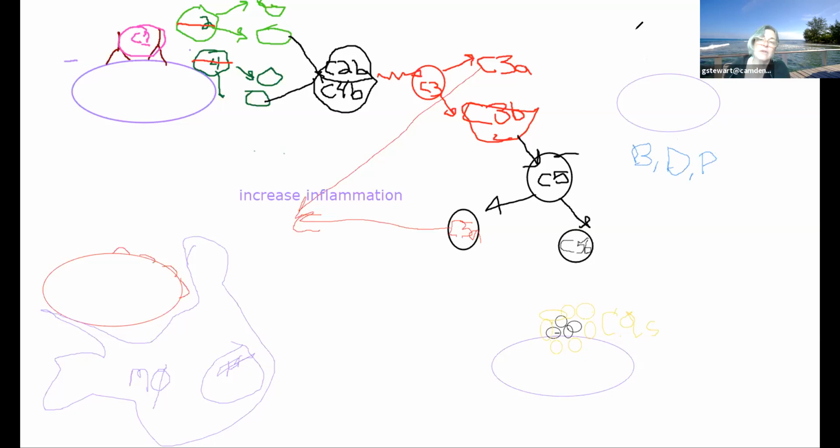And technically, you also need a little bit of old C3b from the last time complement was activated that is no longer breaking apart C5. And then if you have all of those things floating around in the bloodstream, that can take you directly to C3b and activating C3b to break into A and B. And then once that happens, it's all the same.